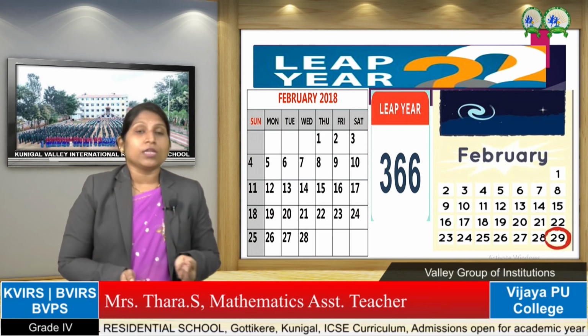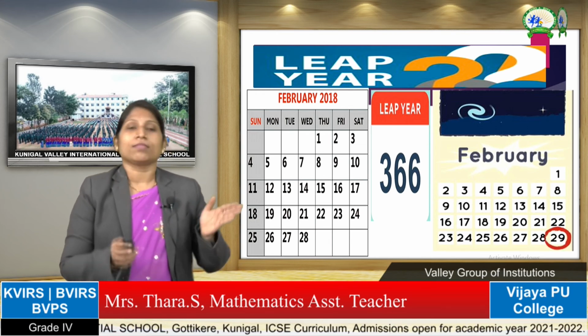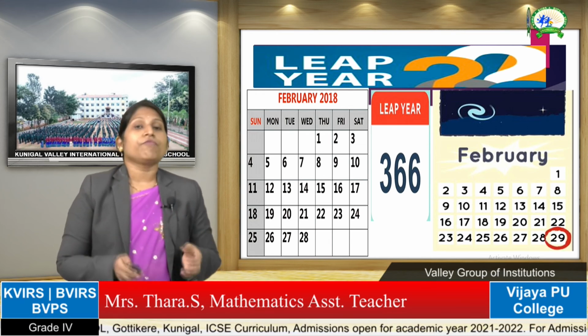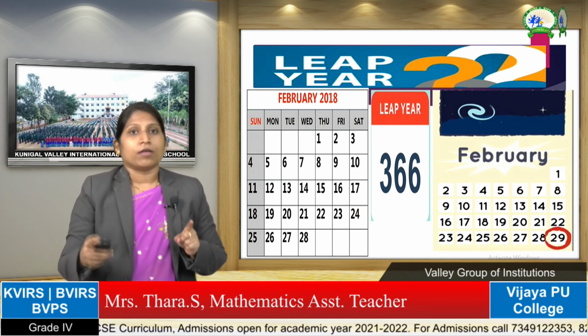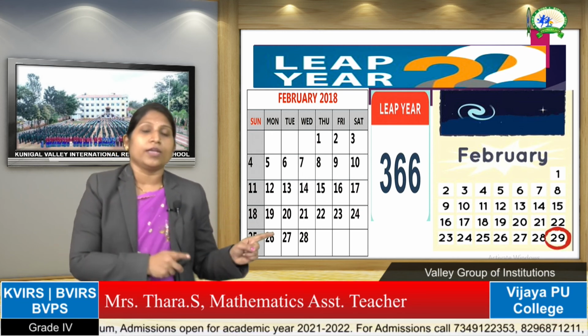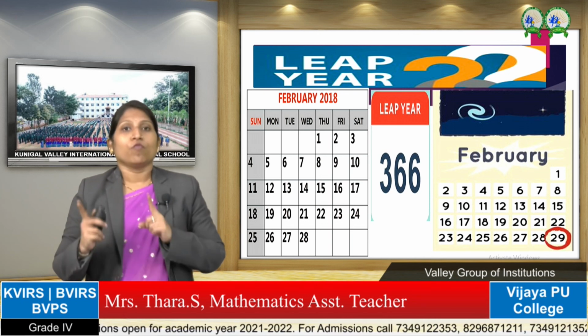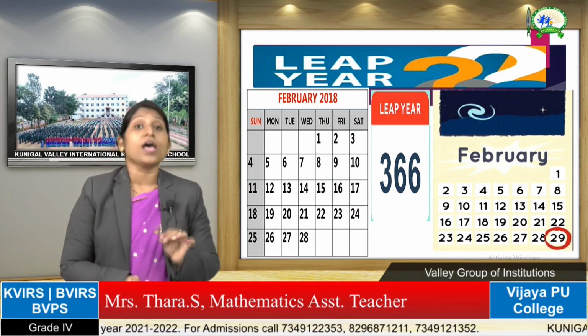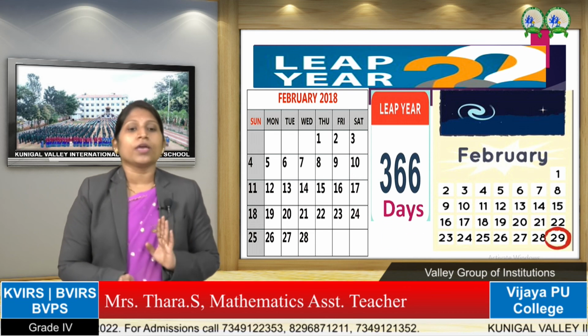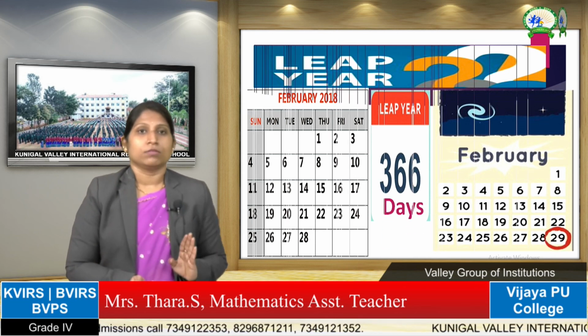So how many days in a leap year? In a normal year we have 365 days. If a leap year comes, one more day we have to add in February, that is 29. The common 28 days plus one day added gives 366 days in a leap year. Okay, 366 days.